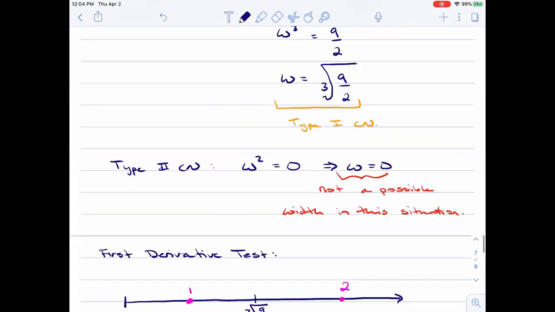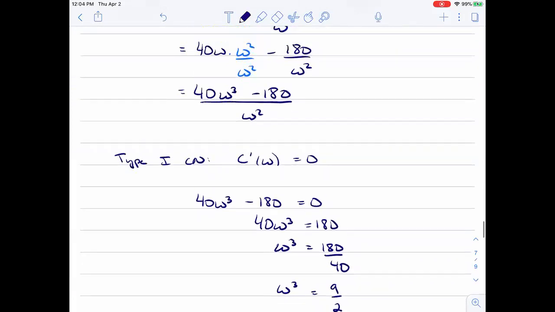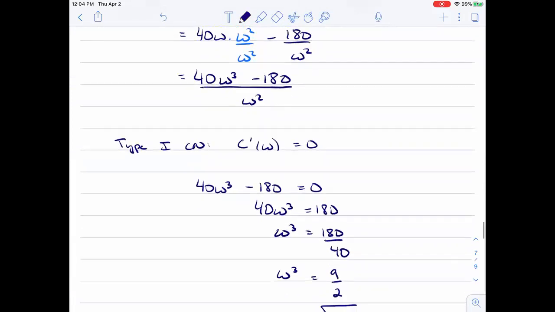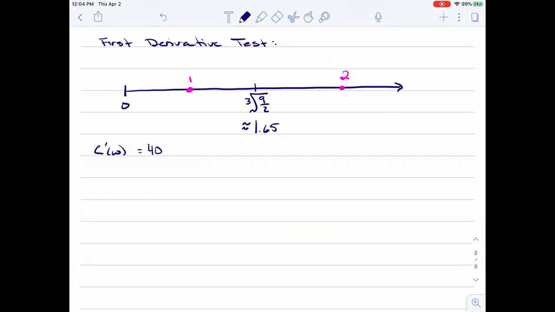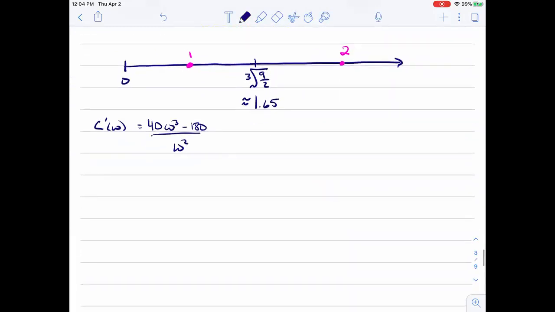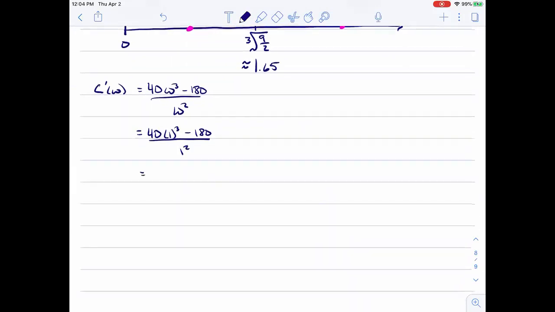My first derivative, right, was 40W to the 3 minus 180 over W squared. If I use a width of 1, I get 40 times 1 to the 3 minus 180 over 1 squared, which is going to be negative.